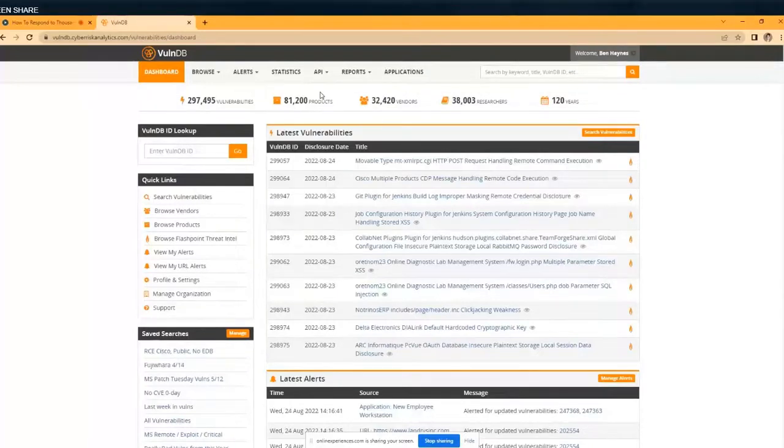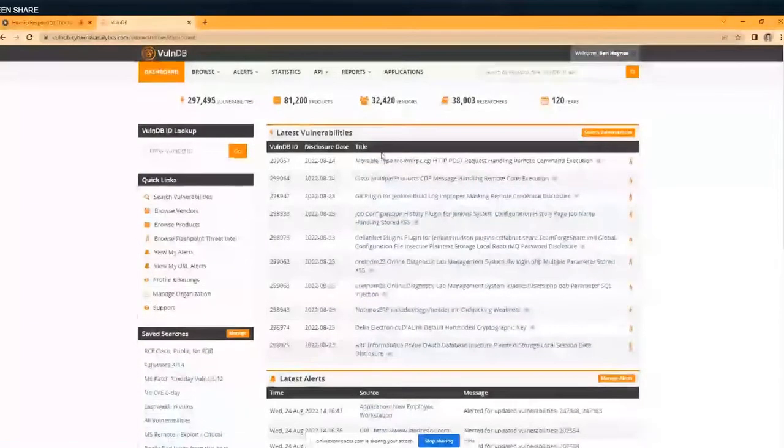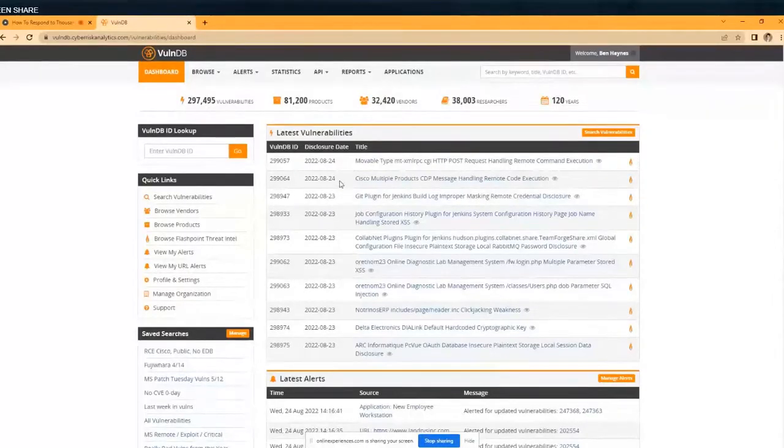So the first thing you see when you sign into VulnDB is not just a summary of some numbers we already saw in the slides up front, but also some of the most recently published vulnerabilities. Like we've been talking about, we're constantly churning vulns into the database. Here are things from today or yesterday that have come across our research team and been published into the database.